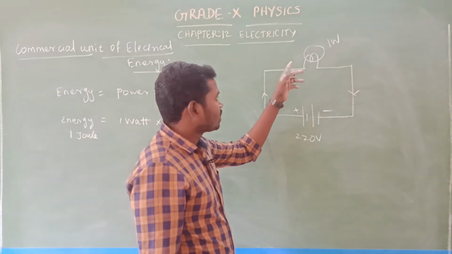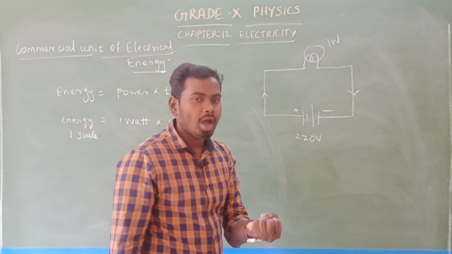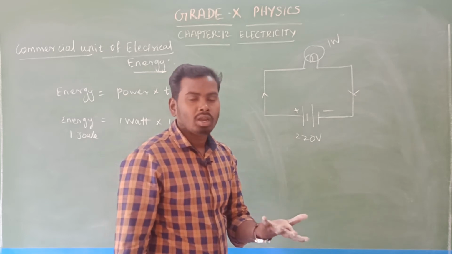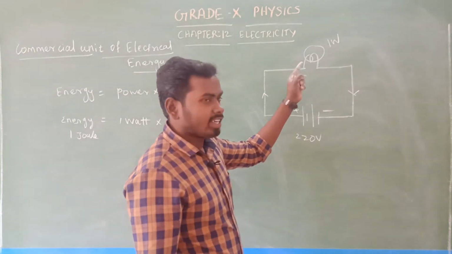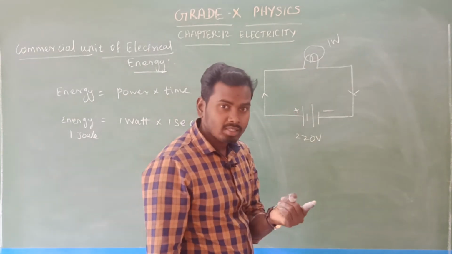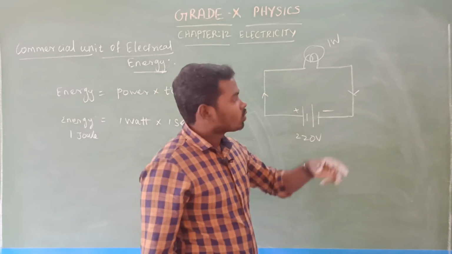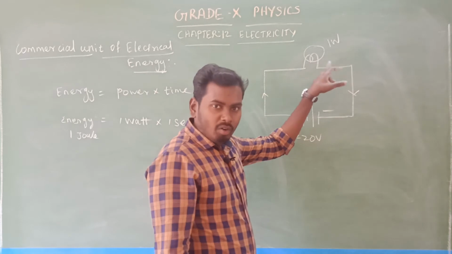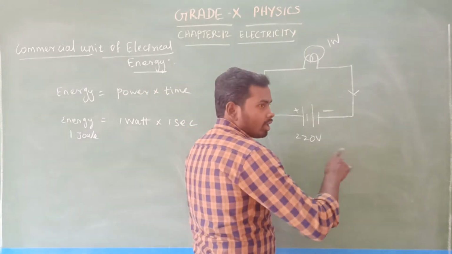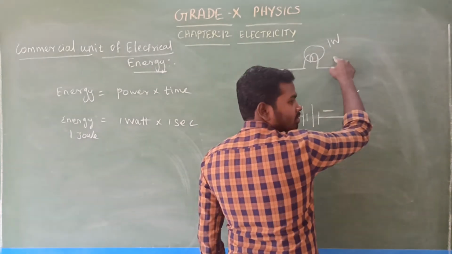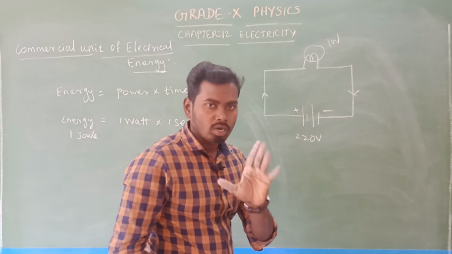So this electrical bulb consumes the electrical energy and it will produce light energy, isn't it? Look at here. Here the electric bulb power rating is just 1 watt. Is it clear? And this bulb is glowing for 1 second.